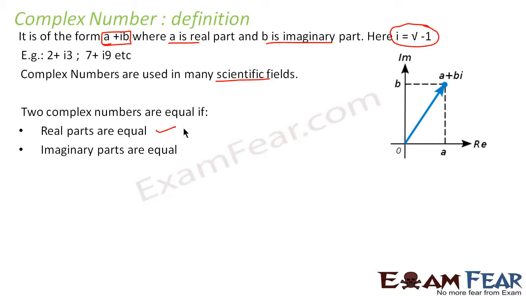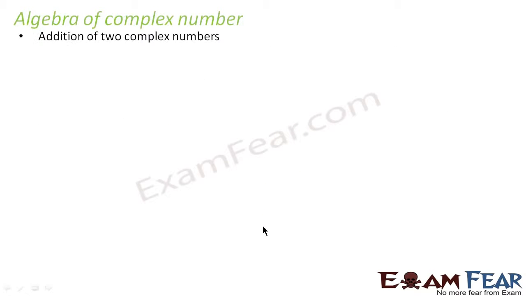So two complex numbers are equal only if the real parts are equal and the imaginary parts are equal. For example, z1 is equal to a plus bi and z2 is equal to, let's suppose, c plus di. When z1 is equal to z2, this implies that a is equal to c and b is equal to d.